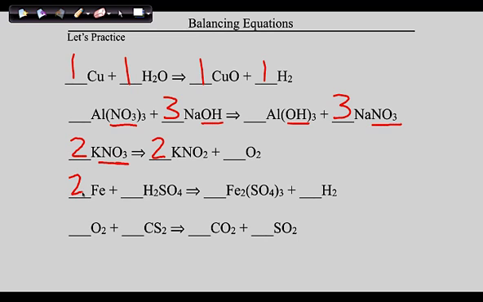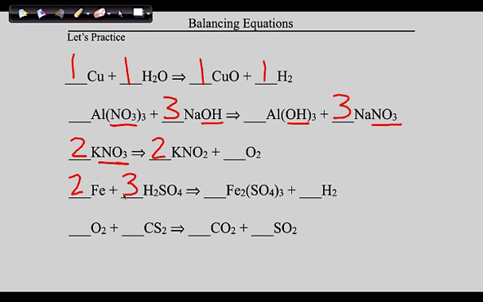And now we've got 1 SO4 here. Can we balance the SO4s intact? They stay together. How many SO4s do we have there? 3. So we put a 3 here, and now it's balanced. We already balanced the hydrogens.